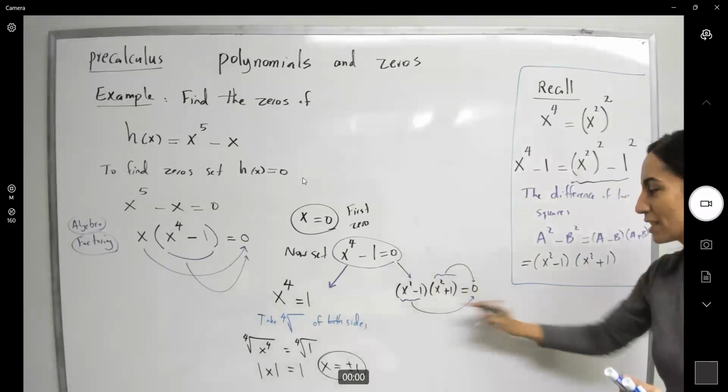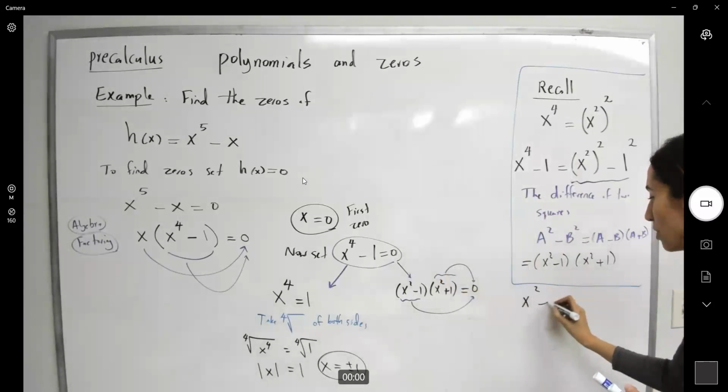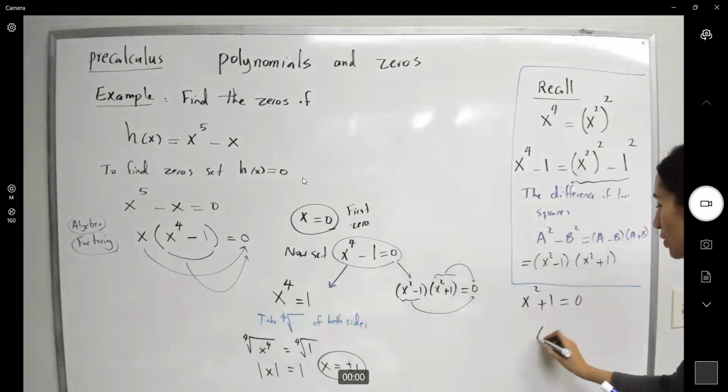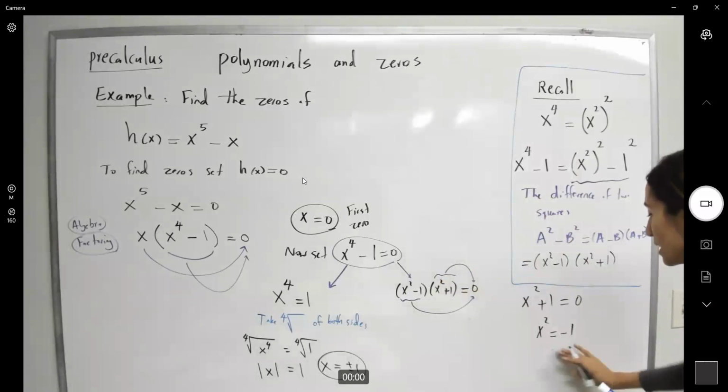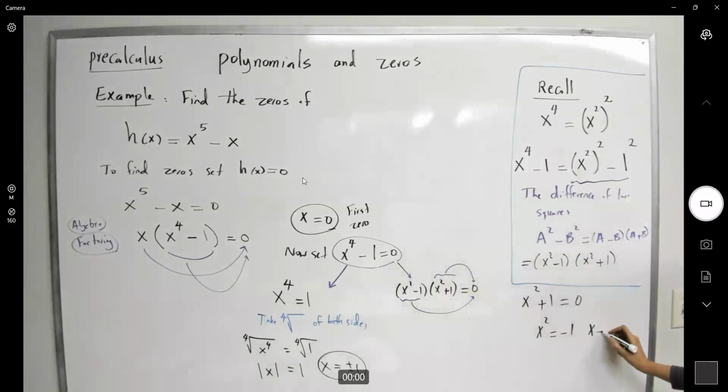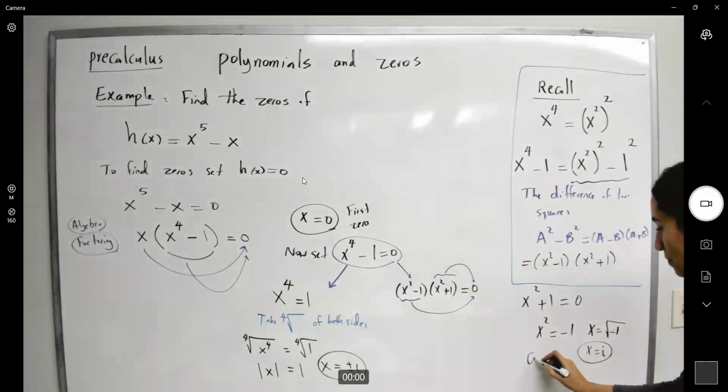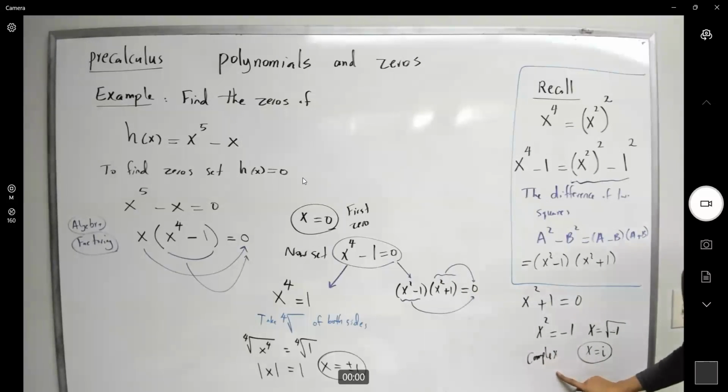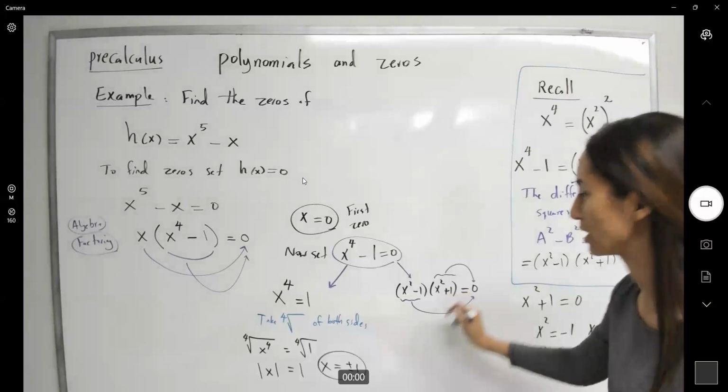However, if you set x squared plus 1 equal to 0, you get x squared equals -1, and you get x equals the square root of -1, which is i, the complex identity, which is not a real number. So ignore this.